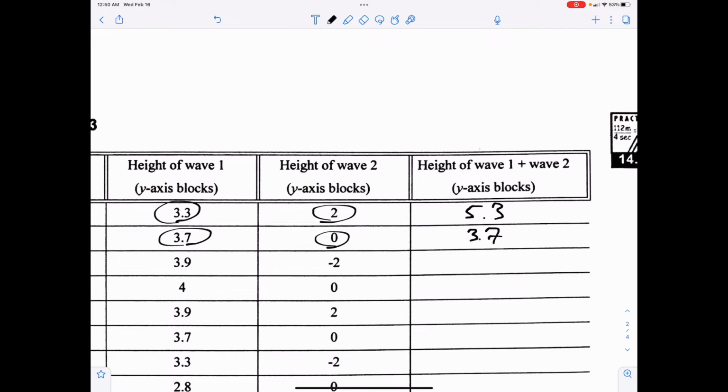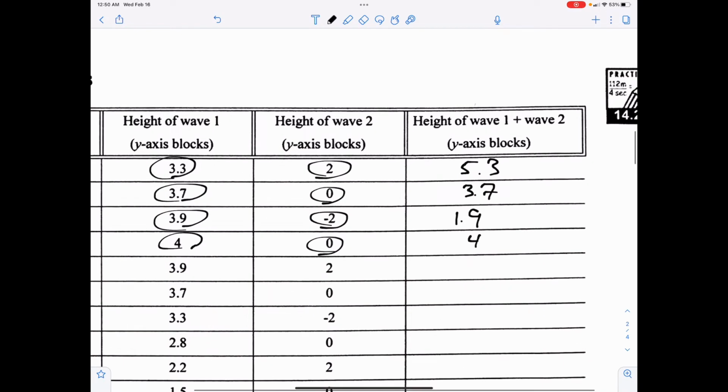Okay, then we're going to go 3.9 plus a negative 2 means minus 2, and that's 1.9. 4 plus 0 is 4. 3.9 plus 2 would be 5.9. 3.7 plus 0 is 3.7.